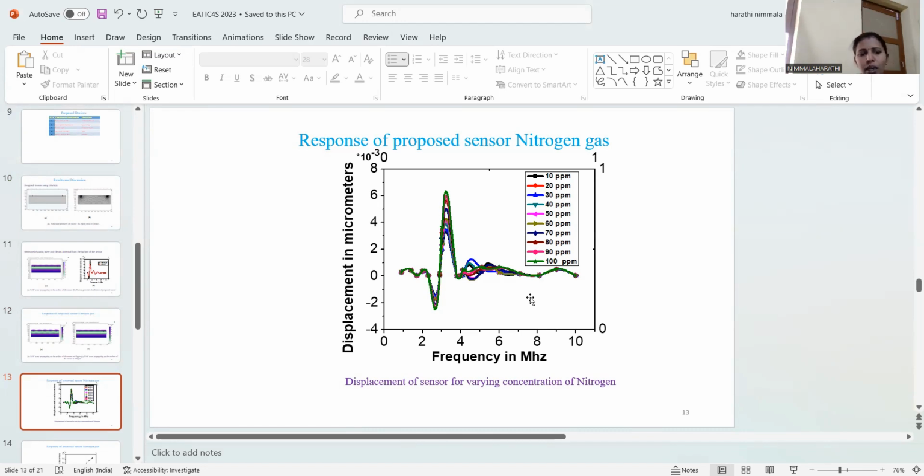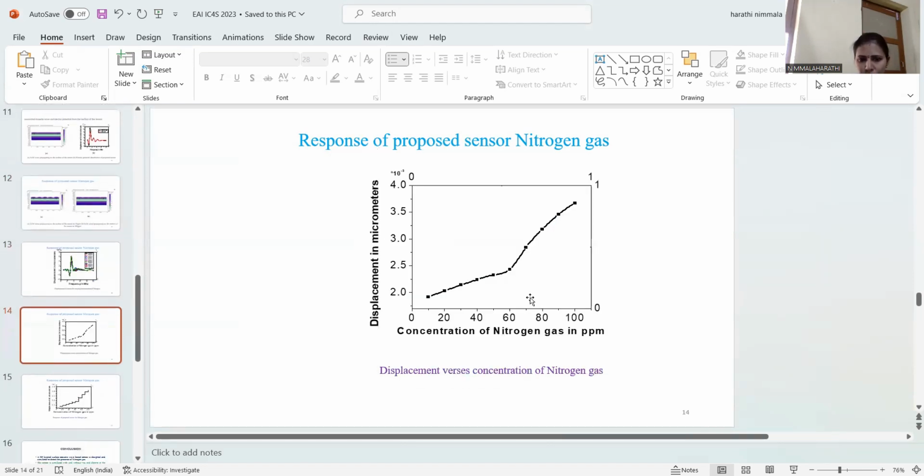Now, when I consolidate the displacement with respect to the hydrogen gas, the displacement with nitrogen gas with respect to gas concentration is like this. So the displacement is increasing linearly with respect to the gas concentration.